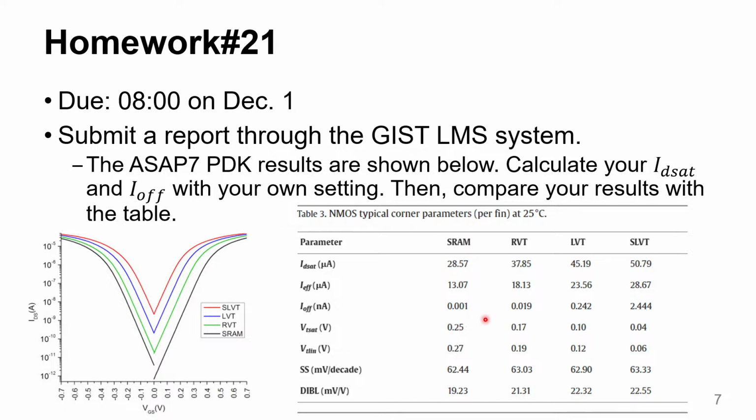At the same time, of course, there is another cost for changing the threshold voltage. This reduced off current also comes with reduced saturation current or on current. Almost half of it, over 40% reduction is obtained in this on current.